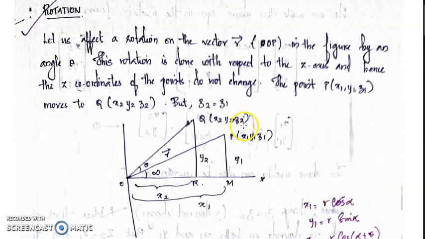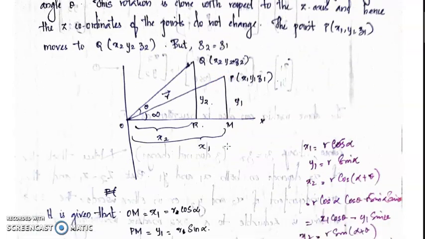For solving this, we are using some trigonometrical relations, as we are considering two triangles. The first triangle is OMP and the second triangle is ORQ.